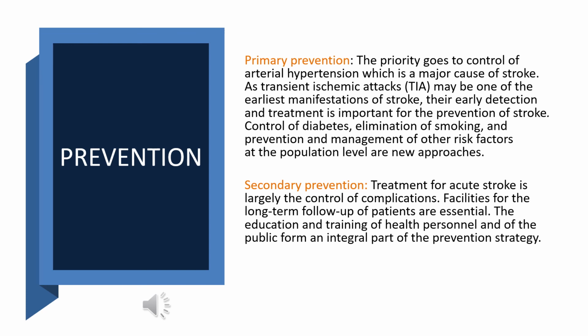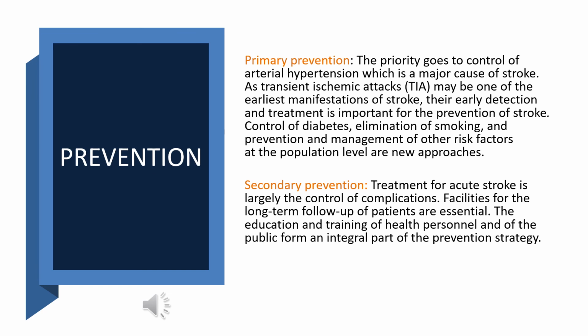So important is to be able to identify or detect the episodes of TIAs when they occur. Then all the risk factors that are associated with hypertension and other non-communicable diseases are also relevant here. So control of diabetes, elimination of smoking, and management and prevention of other risk factors, obesity and lifestyle, the fat intake, etc. They are also relevant in the primary prevention of strokes. Then there is the secondary prevention.